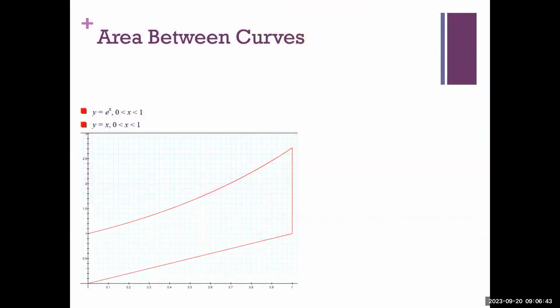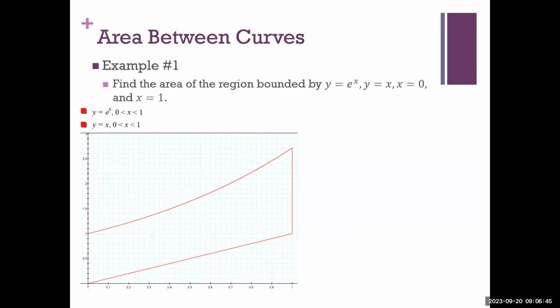So I want to find the area of the region contained in red there, between y equals e to the x and y equals x. Any ideas on how we can find the area contained inside here? The top function minus the bottom function.